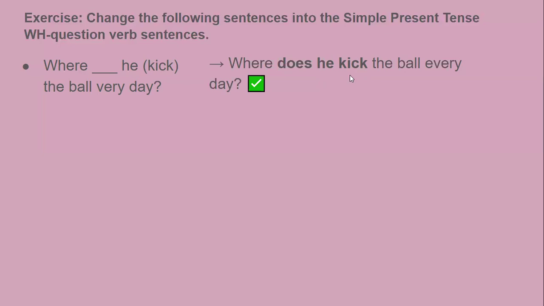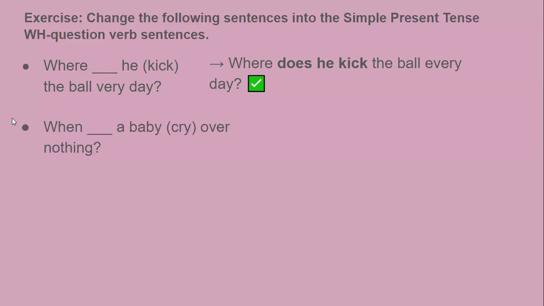We do not add es, we do not add s, we do not add ies. Why? Because the auxiliary verb already shows our subject is a he, because the original verb is do, but then it has become does to show that the subject is a he.